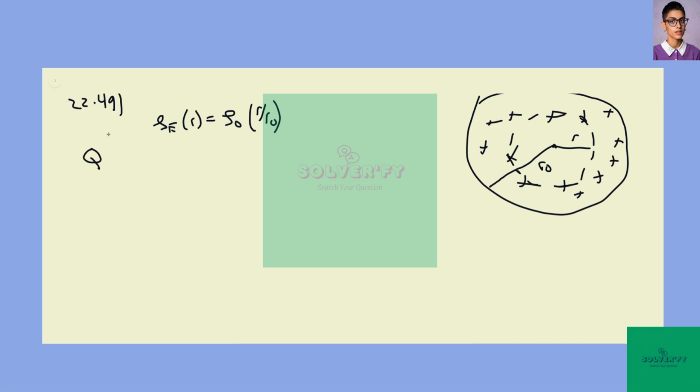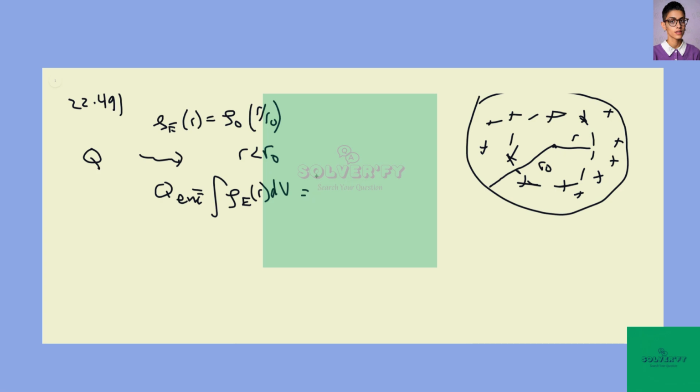Okay, so first we know that the symmetry of the charge distribution allows this to be calculated using a Gaussian spherical surface. So for a radius of r less than r0, the enclosed charge is going to be the integral of our charge density function times dV.